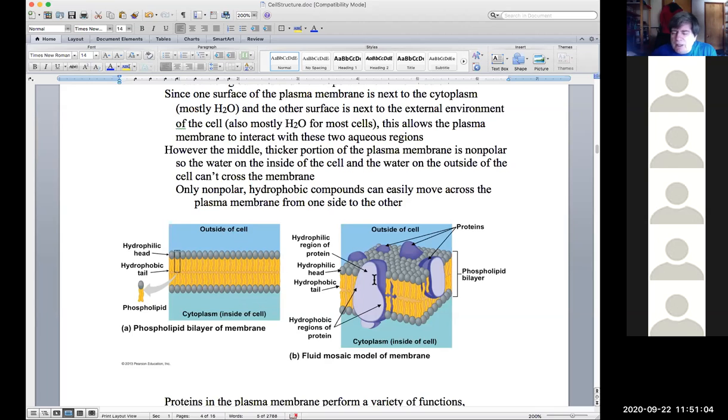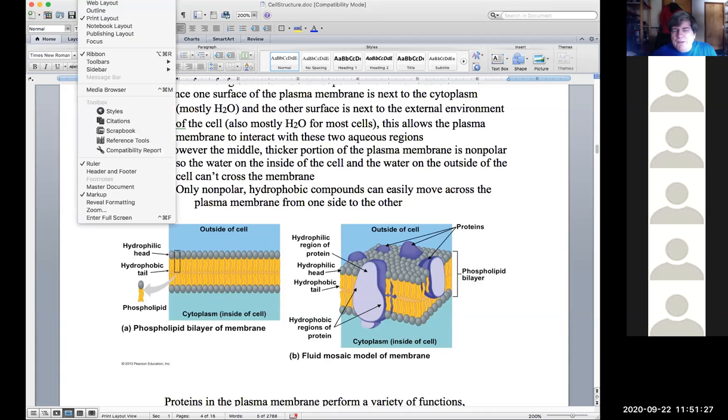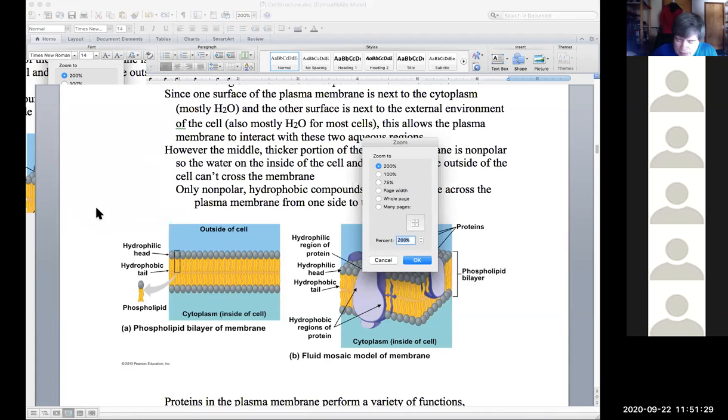However, if we look at membranes, they don't just have phospholipids in them. They also have proteins. So all these purple blobs represent proteins. Now notice some of the proteins in the plasma membrane, like this one here in the front of this diagram, go all the way through from one side to another.